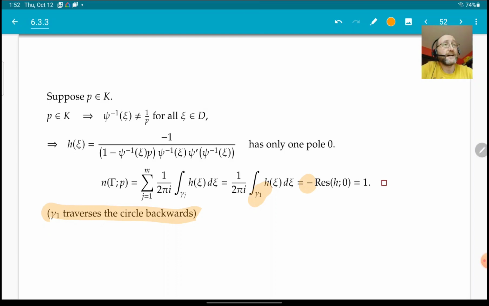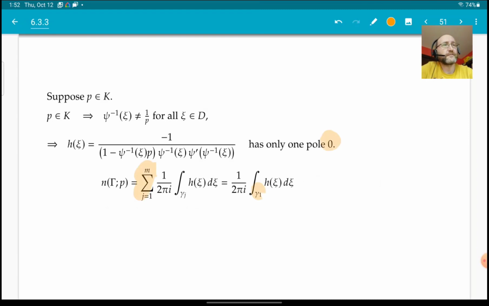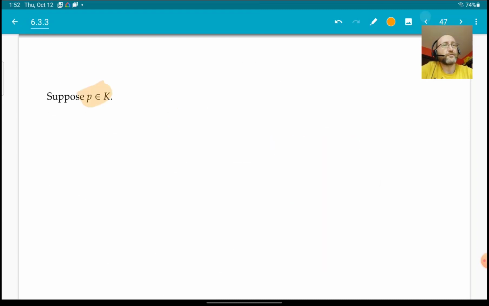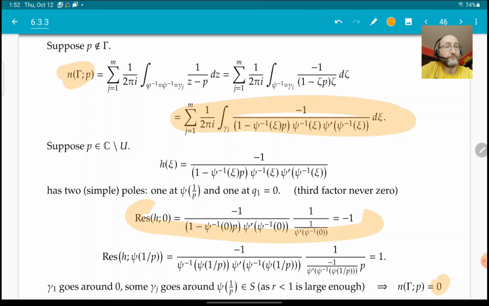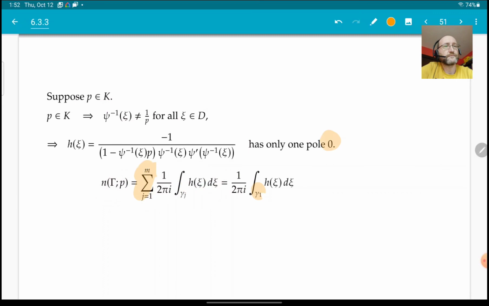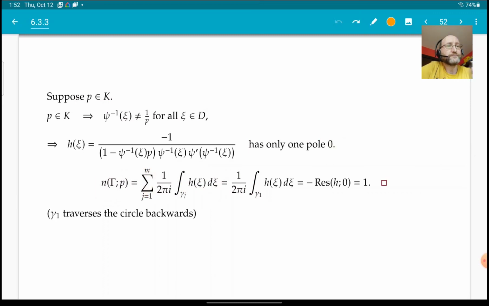So if we go back, it's the same computation again, right?